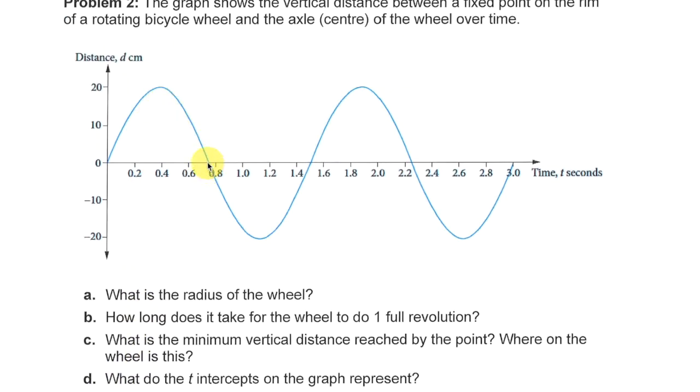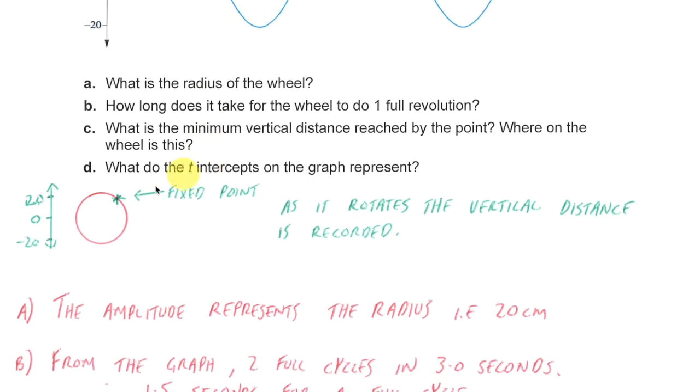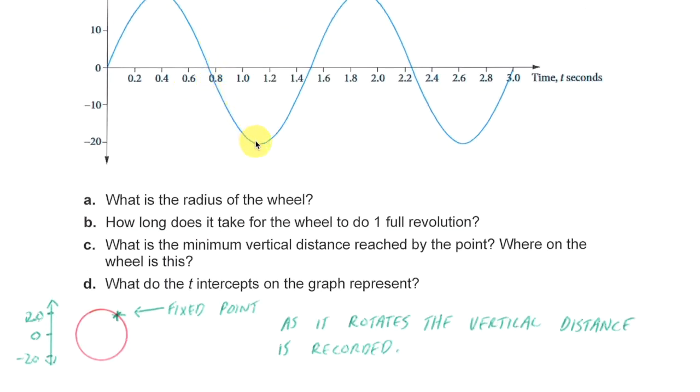Then we are at our median. So that means that we've gone to our maximum, back to our median. And then rotate through to our minimum. So the fixed point is now down here. And so on. Following that through for a full 3 seconds.